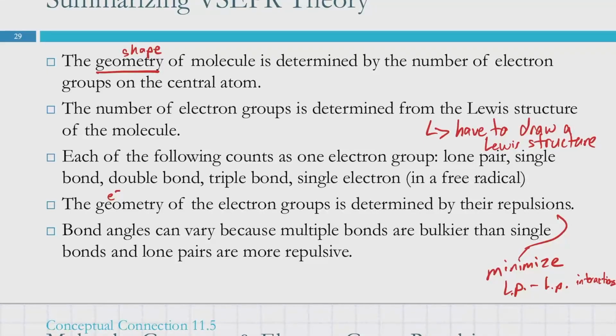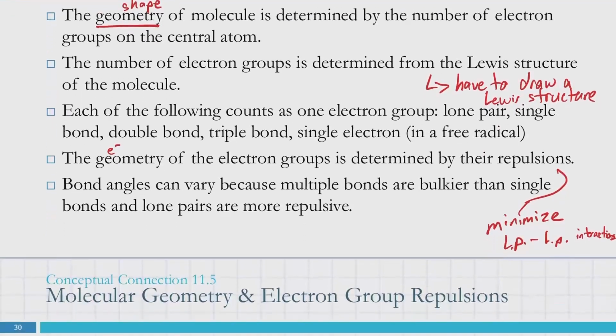Whenever possible, try to not have lone pairs next to each other in the shape, or you could also just memorize what all the possible configurations are. Buy some 3x5 cards, write the name on one side, how many electron groups, how many lone pairs, and you can just memorize them that way.